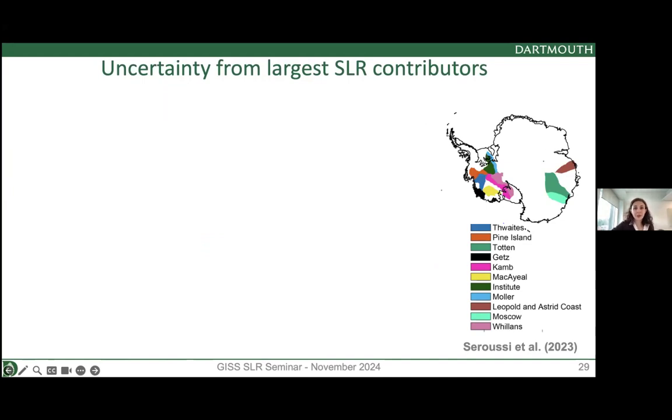And this figure here on the left, if I can add it, yes, shows the total uncertainty in the dynamic contribution to sea level and its repartition between the same four sources that we just talked about. Again, a lot of information, but one thing that stands out is that most of the uncertainty comes from Thwaites Glacier. I know many people have talked about that, but that continues to be the same.